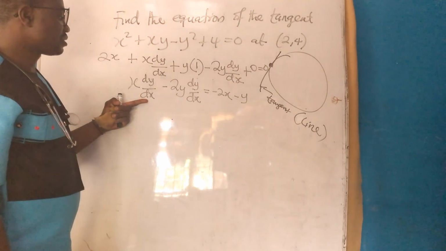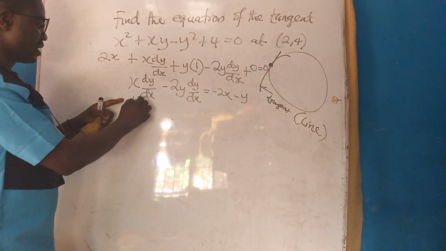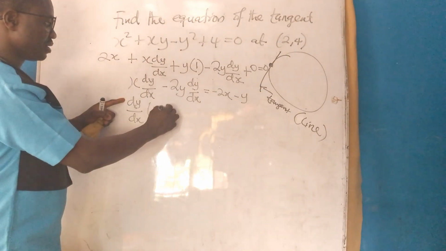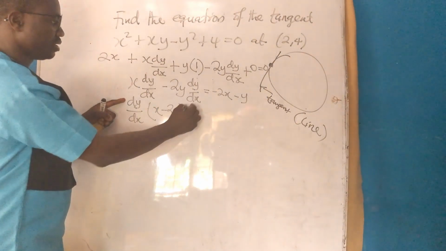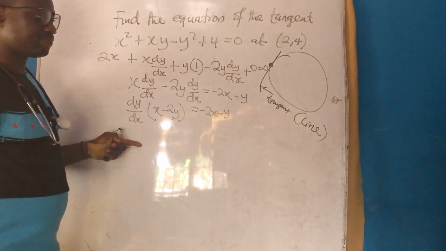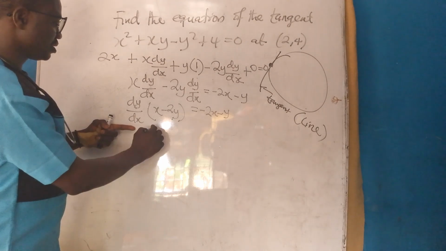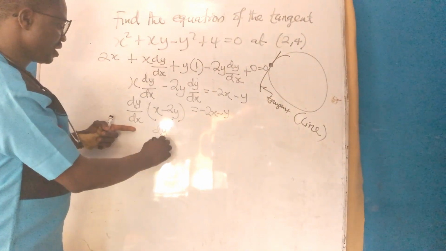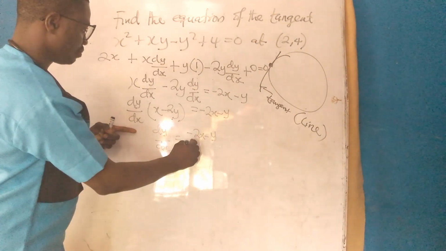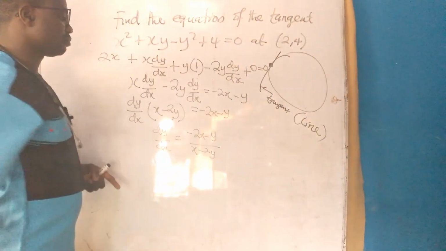Let's factorize dy/dx out to get a simple expression. So dy/dx times (x minus 2y) is equal to minus 2x minus y. At this point, we can make dy/dx the subject: dy/dx is equal to (minus 2x minus y) over (x minus 2y).